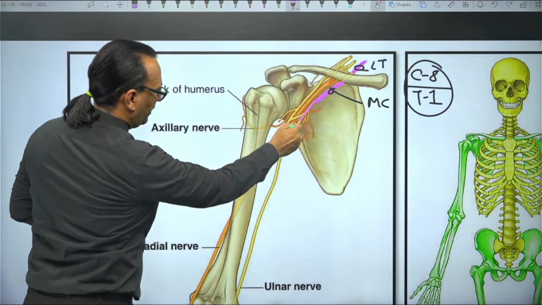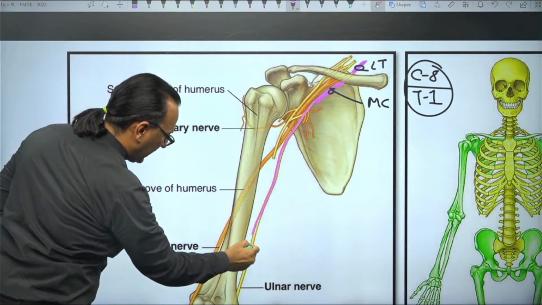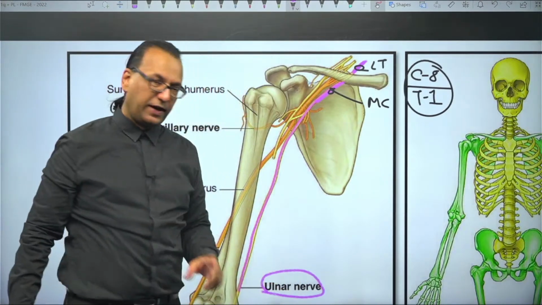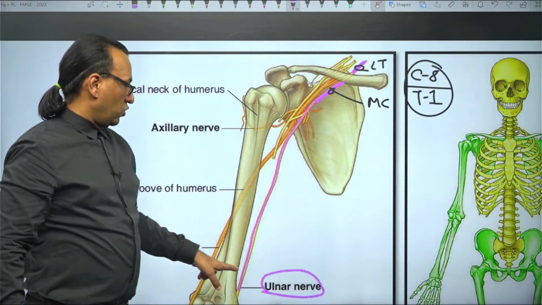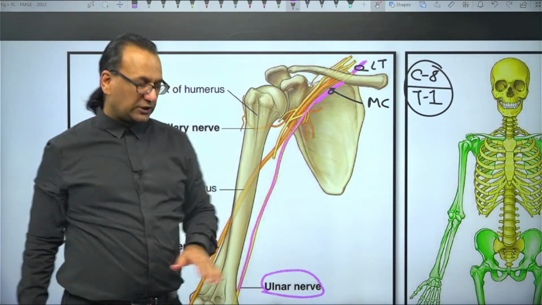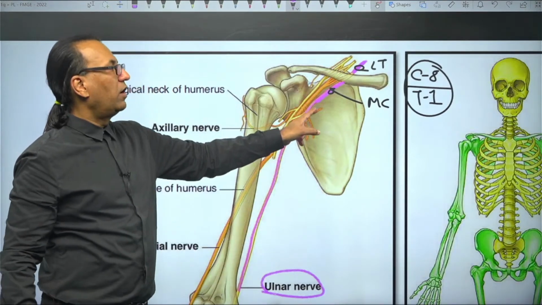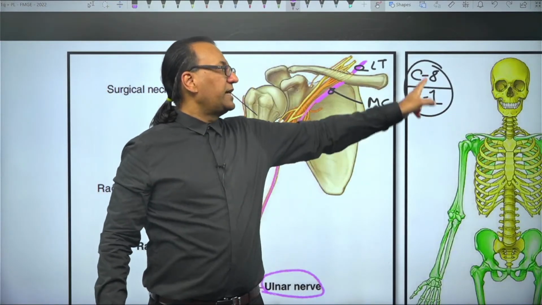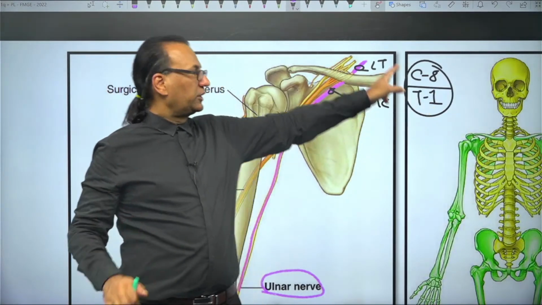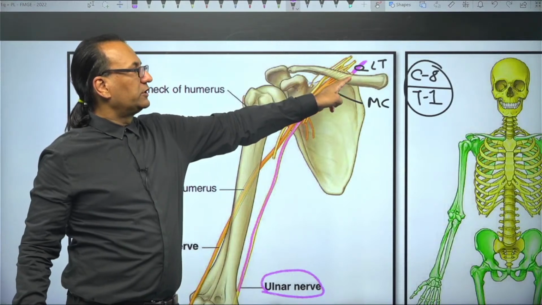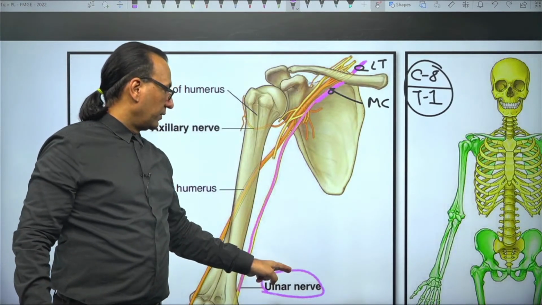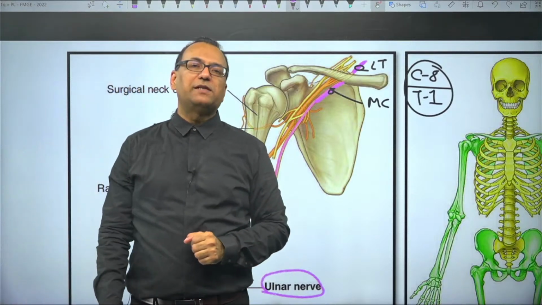So medial cord of brachial plexus will continue downward as the ulnar nerve going towards the ulnar bone, which we can zoom and see. What is the root value of ulnar nerve then? The same as the medial cord or the lower trunk, which is C8T1. So C8T1 root of brachial plexus continuing as lower trunk of brachial plexus, then medial cord of brachial plexus, then ulnar nerve.